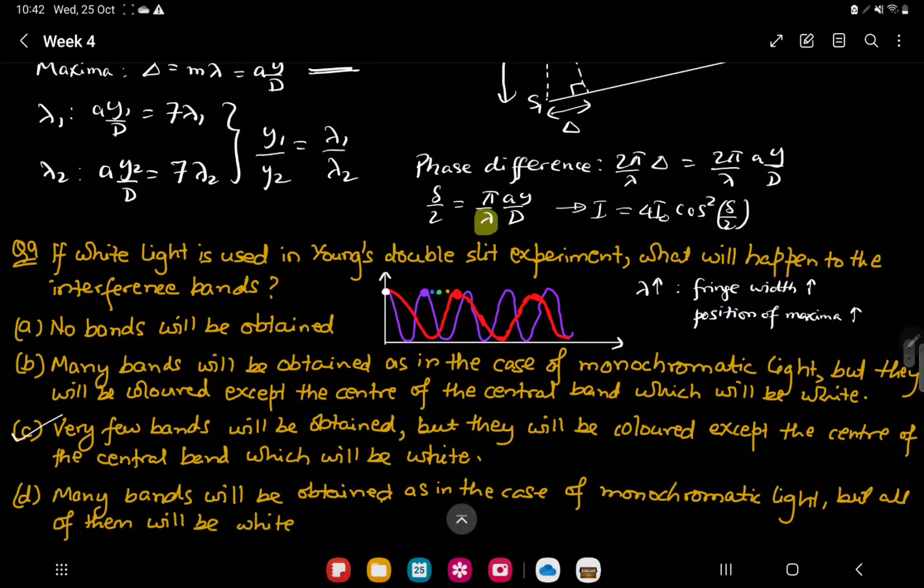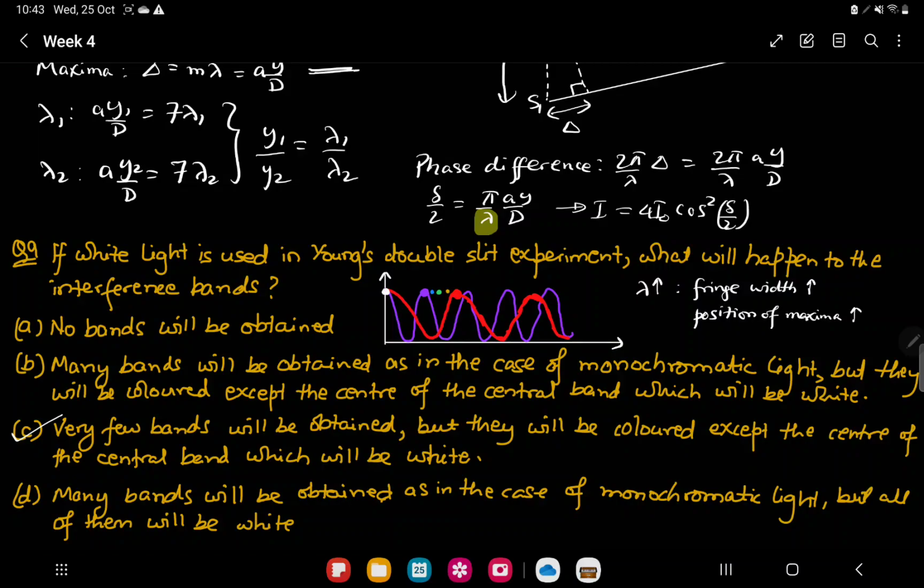So when we have white light passing through Young's double slit experiment, we see colored fringes. The central band is always white because that is the point where we have constructive interference for all the different wavelengths.